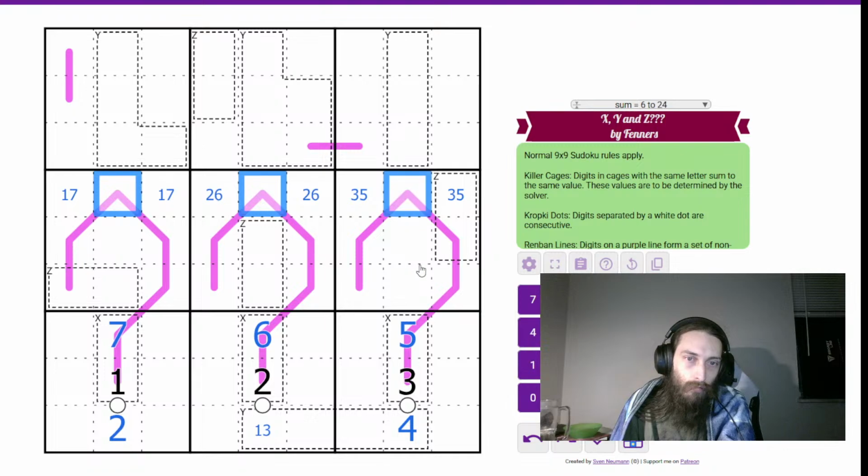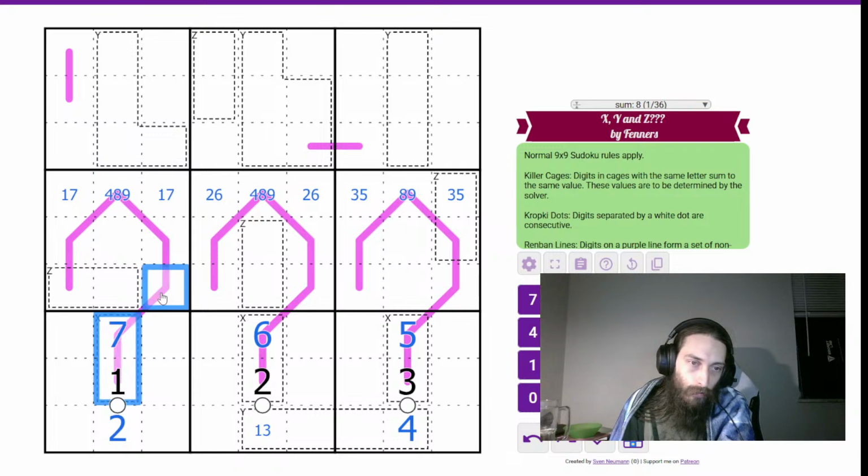And 8, 9, and 7. No, 4. This one's not 4. And now we can't reach 8 or 9 on here, right? 1, 2, 3, 4, 5, 6, 7. So 4 is there.